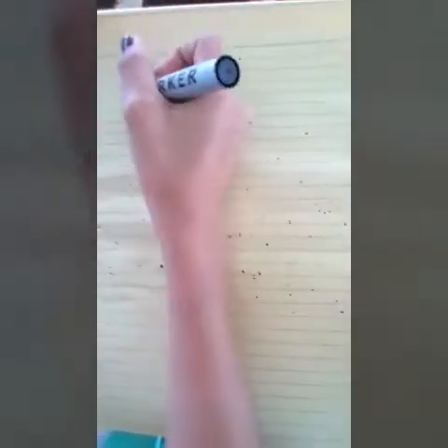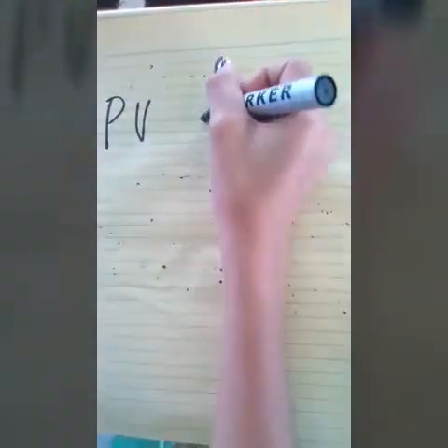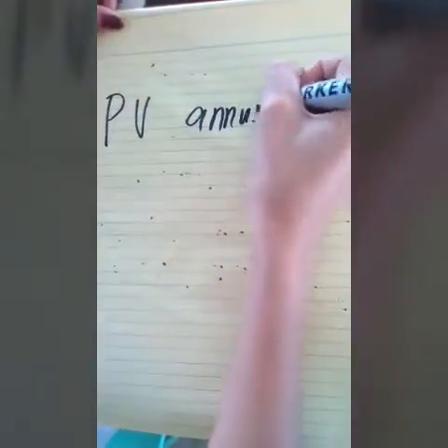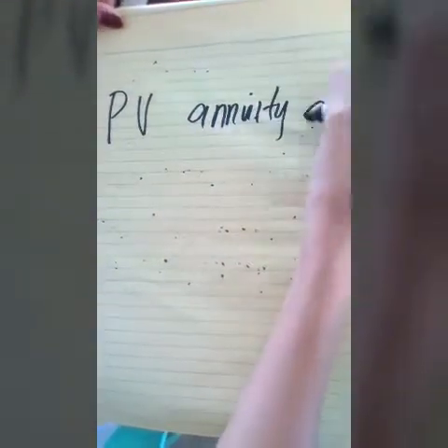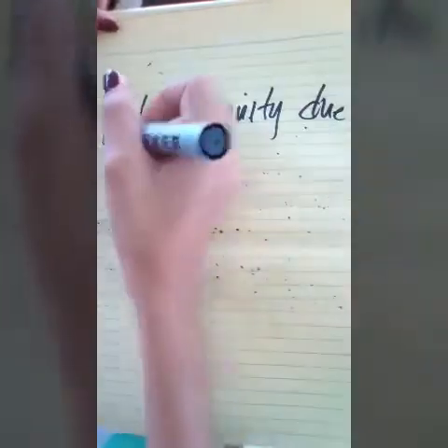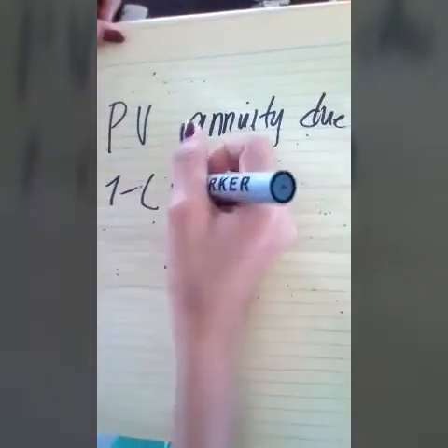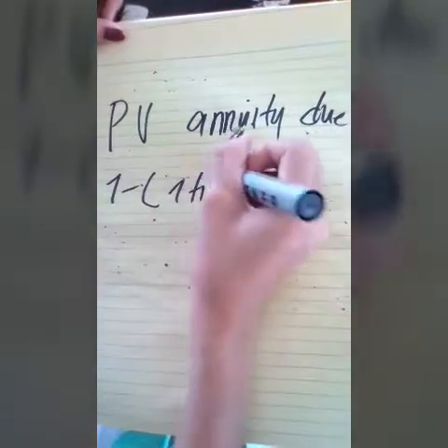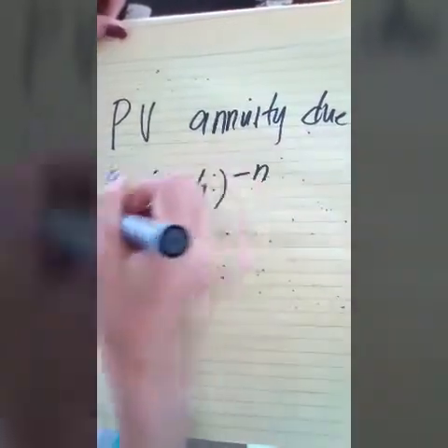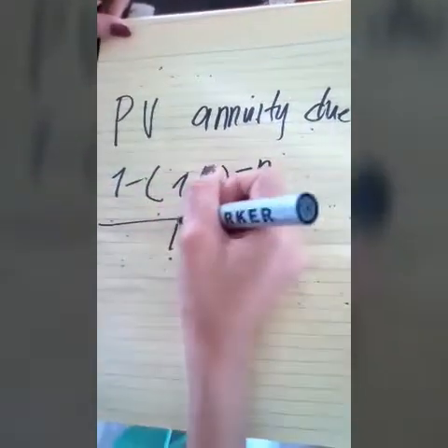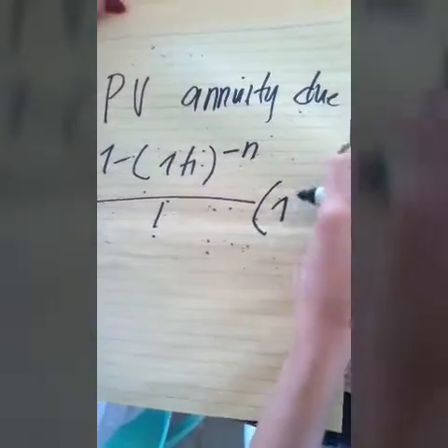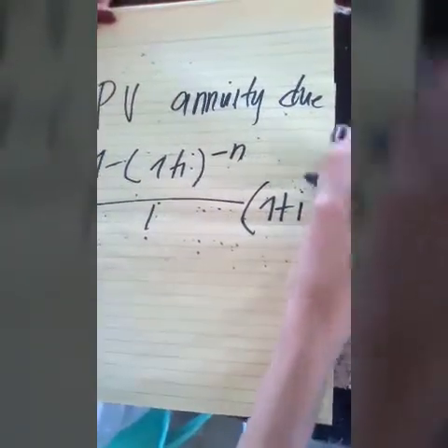Using the above formula, the present value of Mrs. Mayan's annuity is: present value of annuity due equals P times the quantity of 1 minus (1 plus I) raised to the power of negative n, over I, times the quantity of 1 plus I.